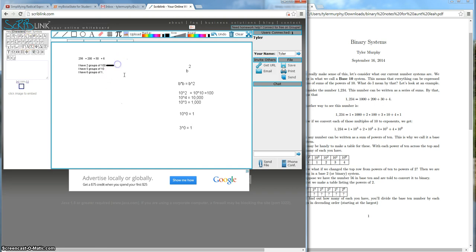So here, 100 we can write as 10 squared. 10 is 10 to the 1st, where I only have one 10 that I'm multiplying, so there's really nothing to multiply. And then this one down here is 10 to the 0.